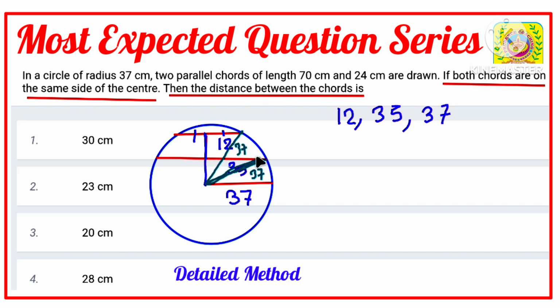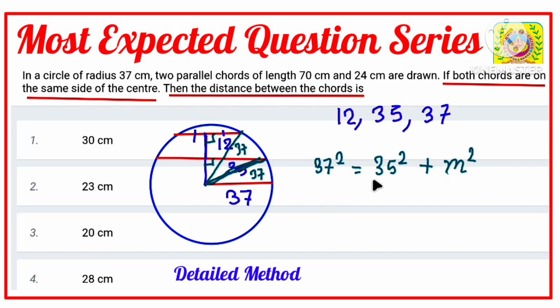Now consider this particular triangle. This is a perpendicular line, so this is 90, this is also 90. So in this triangle you can apply the Pythagorean triplet, where this one is the hypotenuse, that is 37 squared will be equal to this much, that is 35 squared, plus here this much, you can assume anything, let it be m, so m squared.